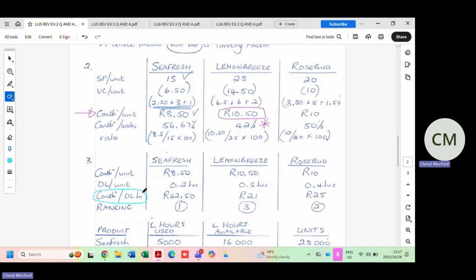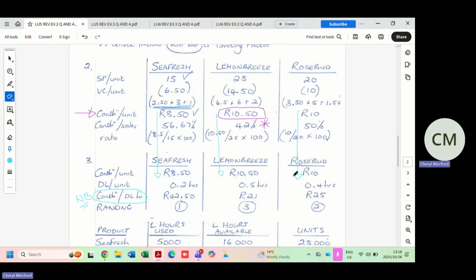This is what we need to be doing here. We need to relate the contribution to the amount of time used. So let's see what we're going to do. We're going to copy down here the contributions, what we worked out above.